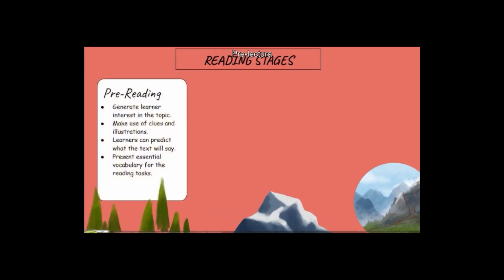First, let's remember the 3 stages or moments when we do reading. Pre-reading. On this first stage, we teachers generate the learner's interest in the topic, making use of clues and illustrations, such as the titles or headlines and the pictures.